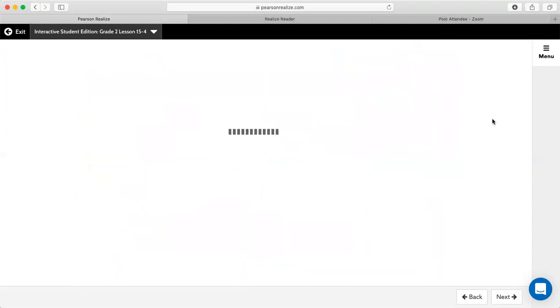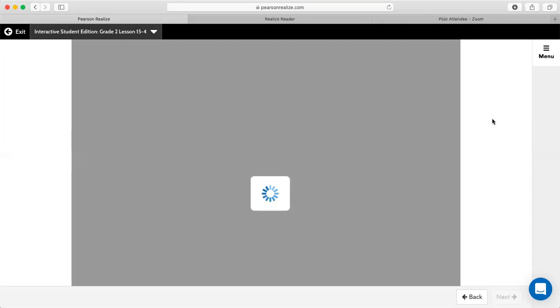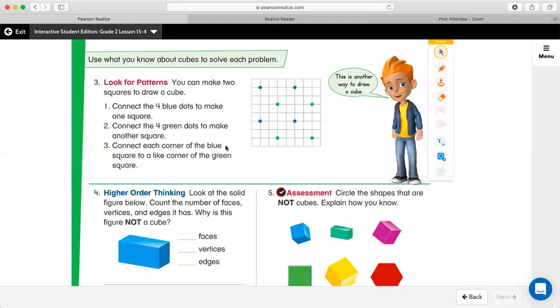Okay. And then finally, your last page here is you're going to draw your own cube using these dots. Follow the directions. Do number 1 first, then do number 2, then do number 3. Okay. Good luck.